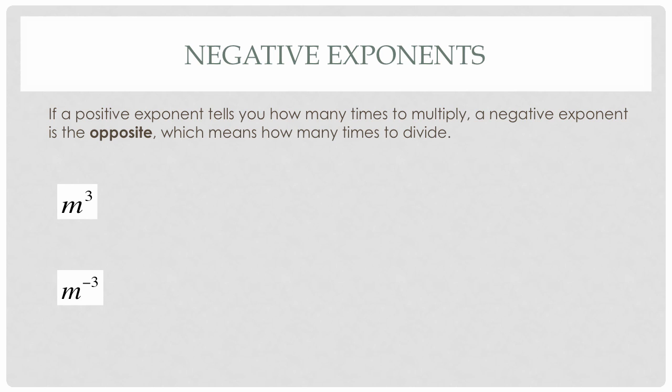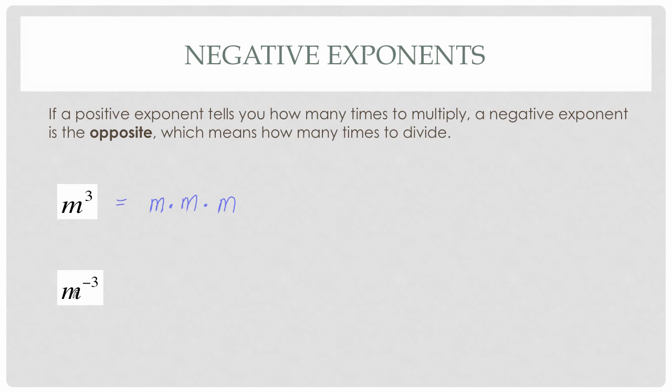If a positive exponent tells you how many times to multiply, a negative makes things the opposite, right? So a negative exponent means how many times you're going to divide. Let's play around with a real example here. Here we have m to the third. That just means it's m times m times m, right? 3 m's multiplied together.